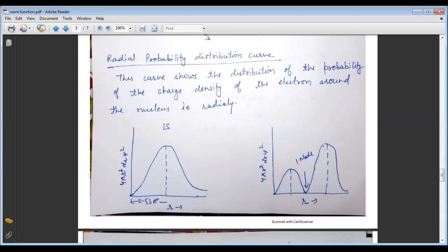These curves show the distribution of the probability of the charge density of the electron around the nucleus, that is, radially. Here this is the representation for 1s and 2s.